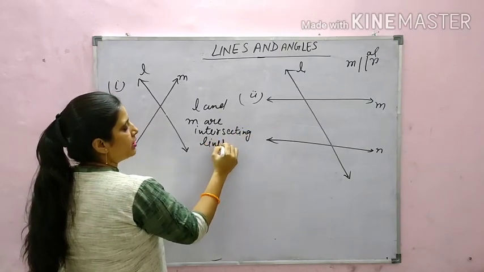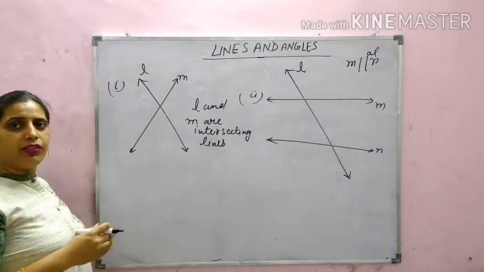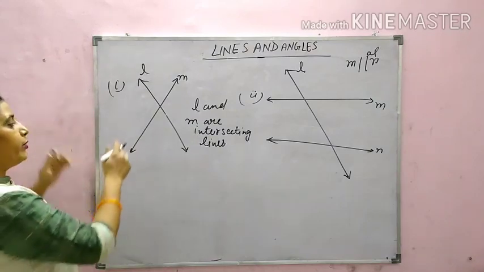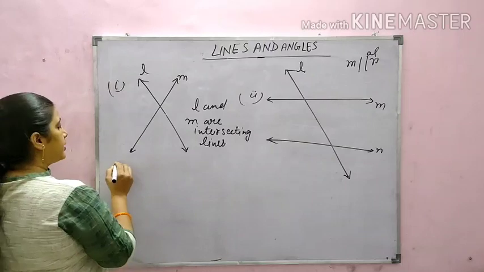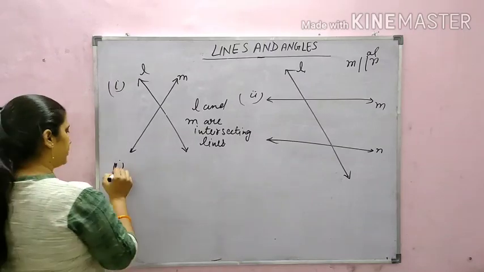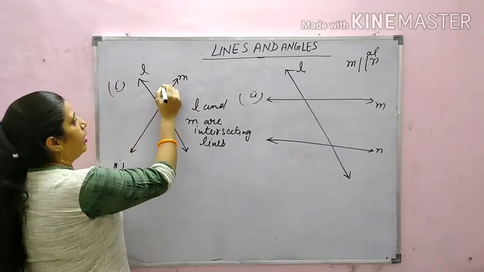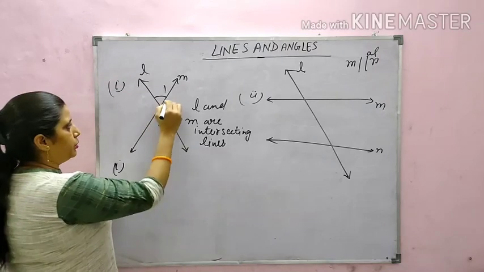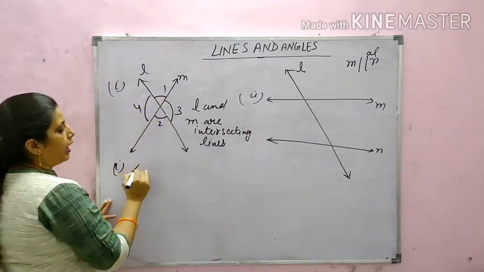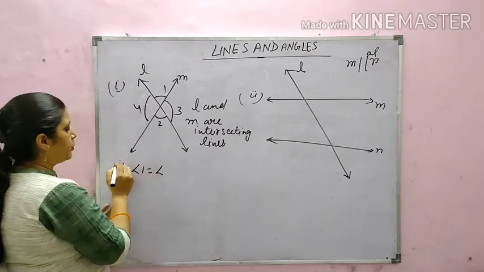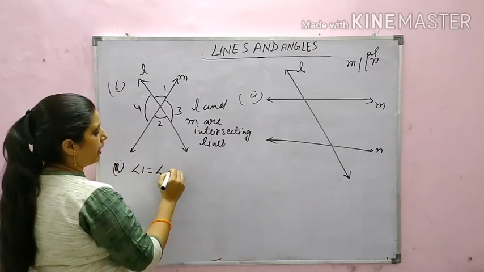Now between these types of lines, different types of angles exist. Like in intersecting lines, if I discuss angle 1, angle 2, angle 3, angle 4. This is point A. Angle 1 equal to angle 2.